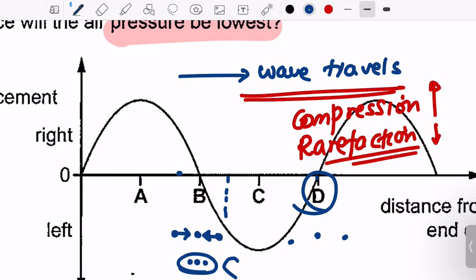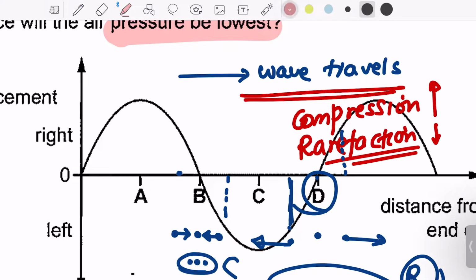And if you look at this place, another 3 particles. The left hand side one has gone to the left, negative direction. The right hand side particle has gone to the right. What it means is they have gone apart, like this. What is this? A compression? No. Normal pressure? No. It's a rarefaction. So this is the lowest pressure point. So you should choose answer D.